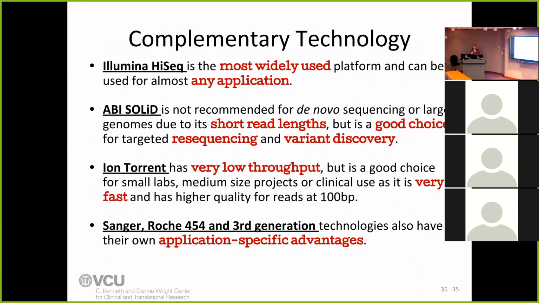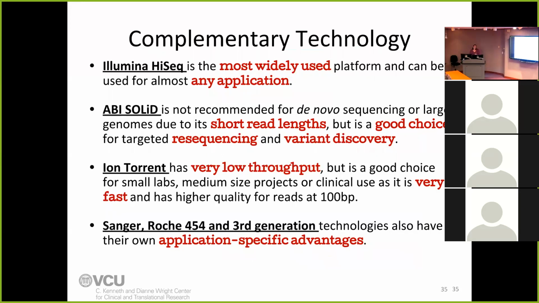However, if you're really interested in a specific region, for example, a particular region where you want to get a really accurate reading of whether a variant is there or not, such as a rare variant, you might want to go with SOLiD and do targeted resequencing in that area because it is so accurate.